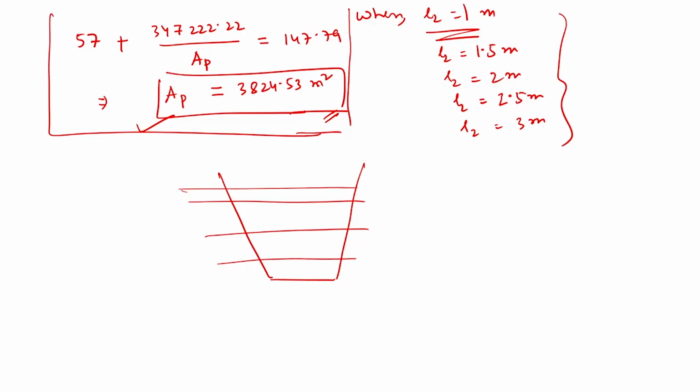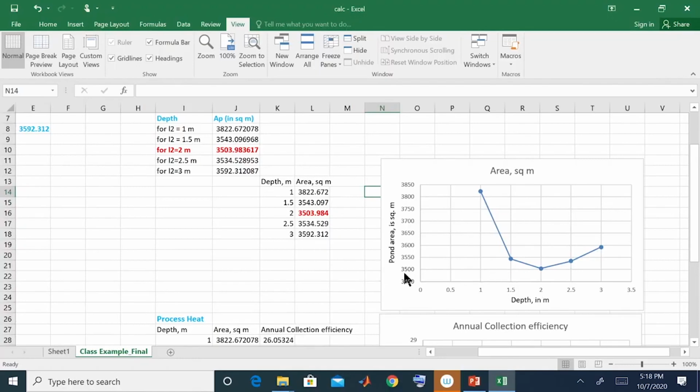So this is L2. Here, the minimum is found to be at L equal to 2 meters, right. So it is decreasing, then the minimum we found at 2, and then again it is increasing.